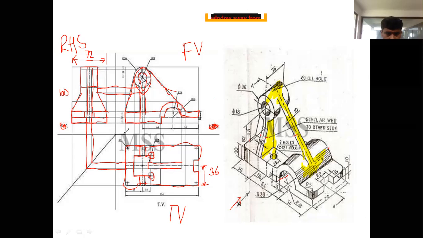Whatever hidden lines are there will be taken as dotted lines.